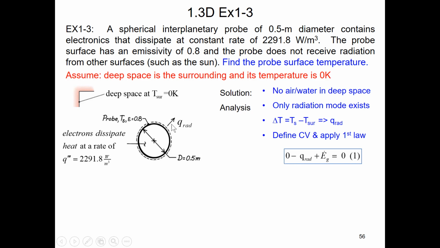We have a leaving radiation heat, so we minus Q radiation. Since we have a heat source within the probe, we plus the variable Eg dot, equals 0 for a steady system.